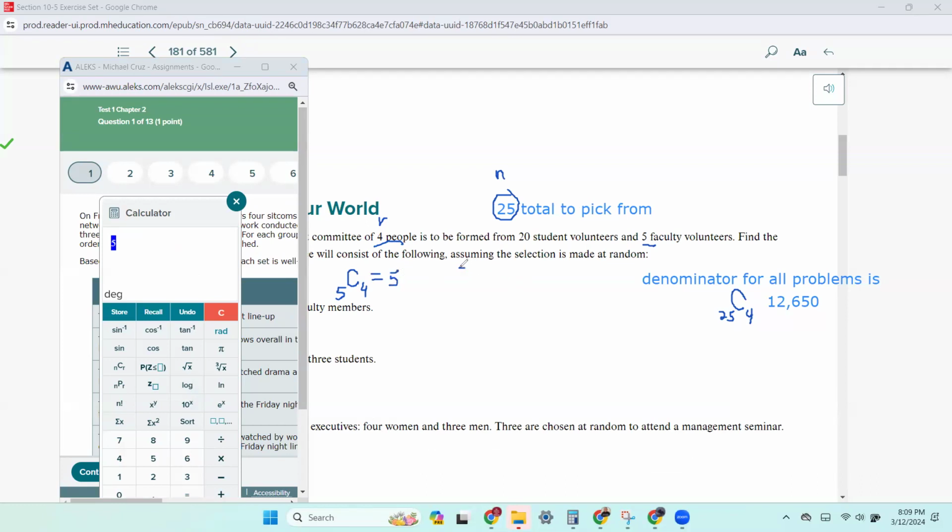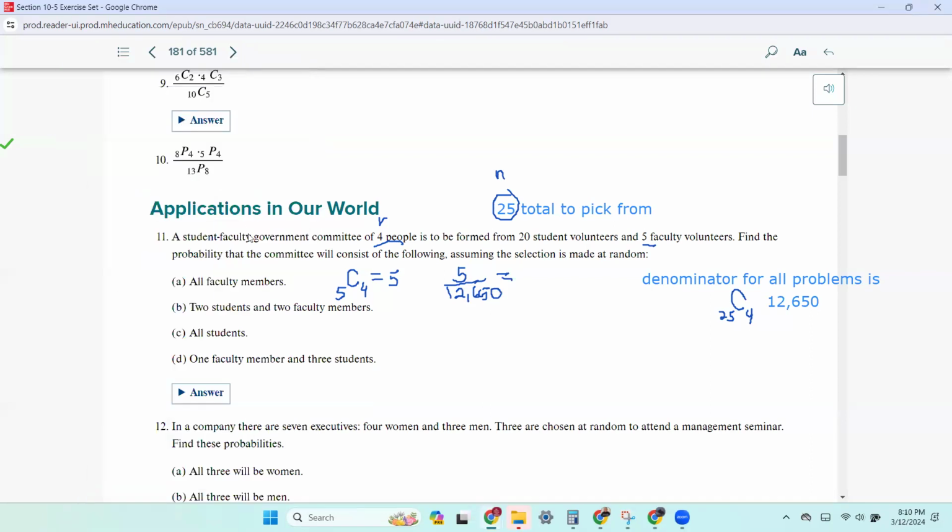So our probability is 5 over 12,650. I'm not going to worry about rounding them off yet, just for the time's sake, because I don't want to keep you all in here. And I might not even be able to finish these.